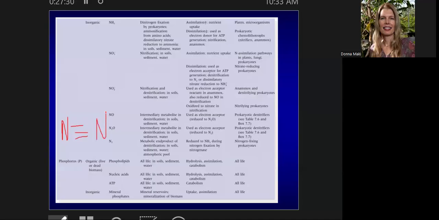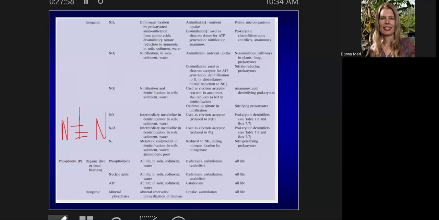So only nitrogen-fixing prokaryotes have the necessary enzyme to break that triple bond. That's a tough one. And then phosphorus, of course, found in DNA and certainly ATP, phospholipids.